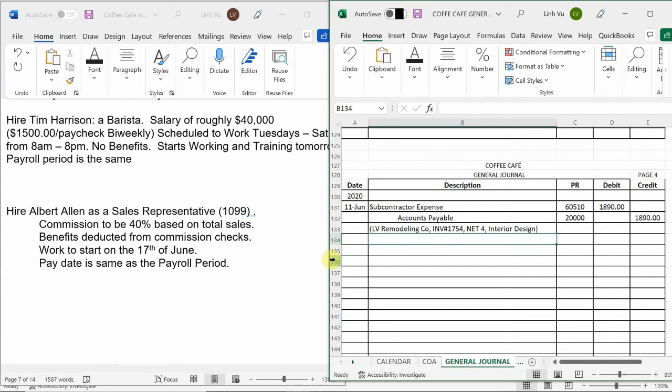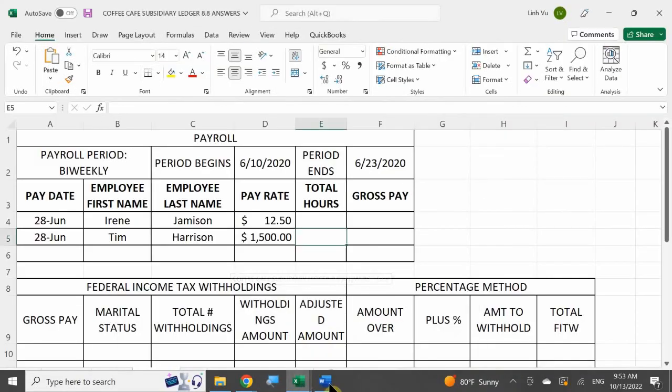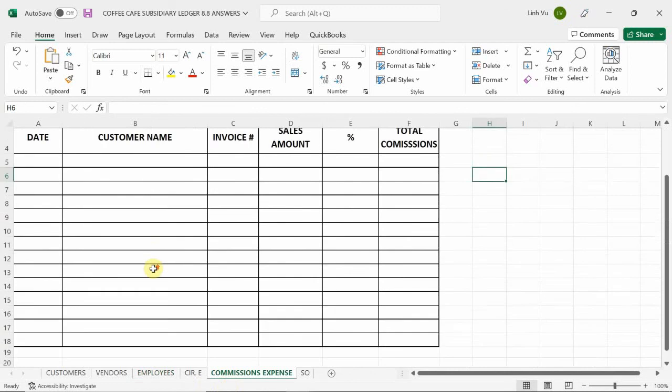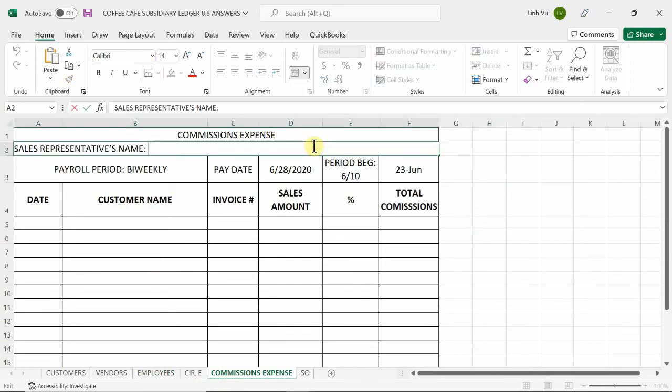However, this is definitely pertinent information. So once again, on your payroll sheet, you should have a section for commissions. And that's exactly where we're going to be placing him, because he is just going to be receiving money from us based on the commissions that he sells our products for.